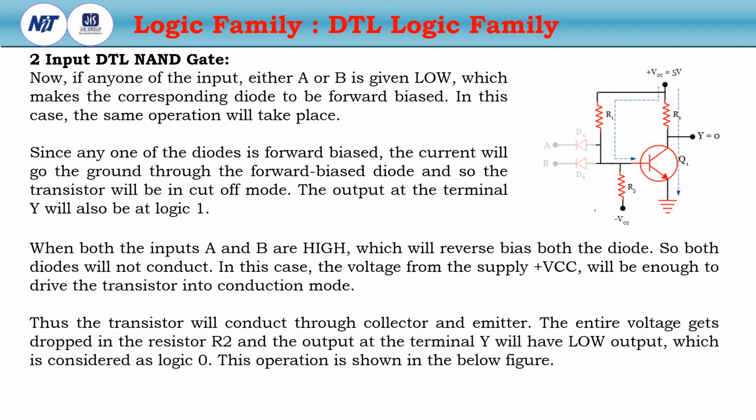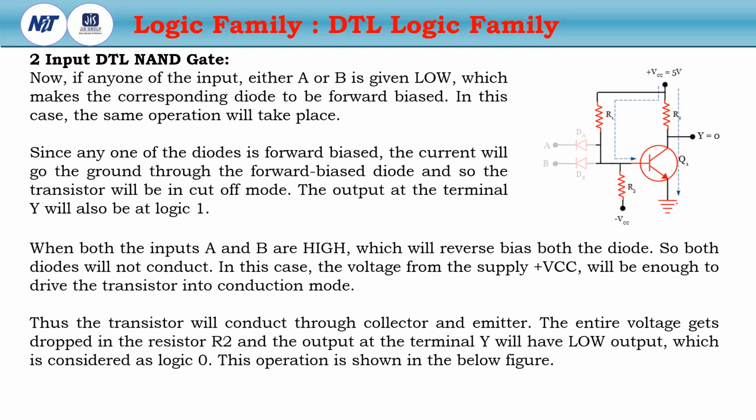In this case, the voltage from the supply VCC will be enough to drive the transistor Q1 into conduction mode, or saturation mode. Then the transistor will conduct through the collector to the emitter.